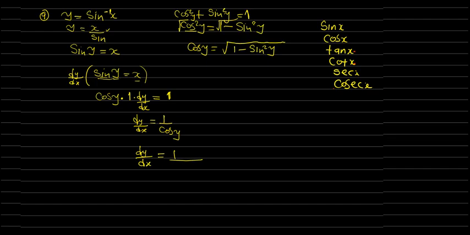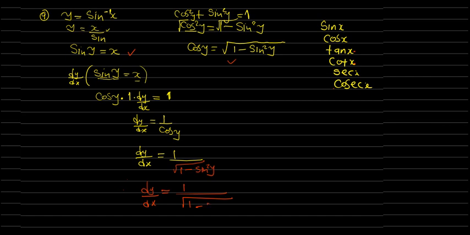Now what we have found there will be root of 1 minus sine squared y. So this will give us dy/dx of that function is equal to 1 over... So when you look at this, we have 1 minus... at this point we had sin y equals x, so this is sine squared x.